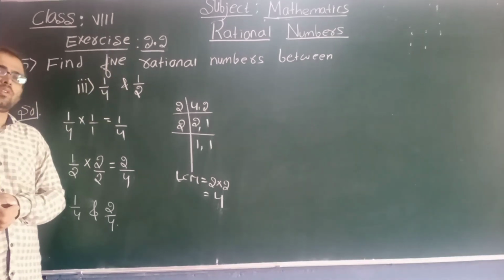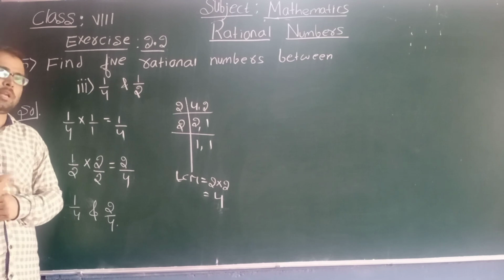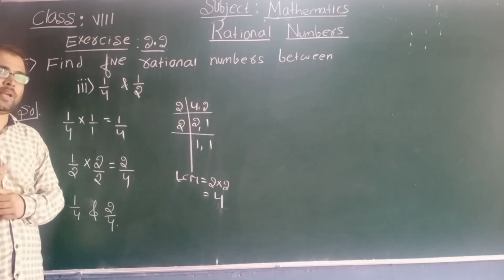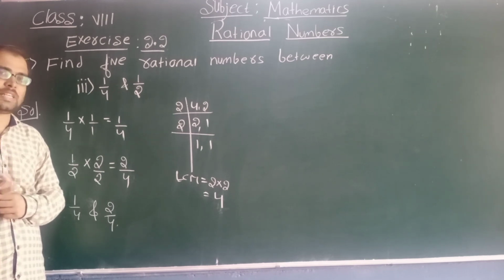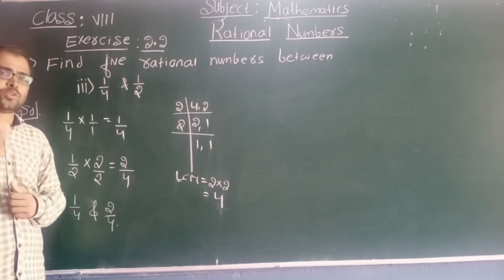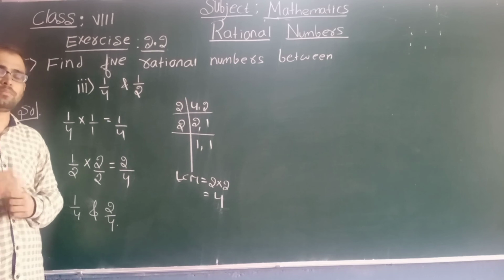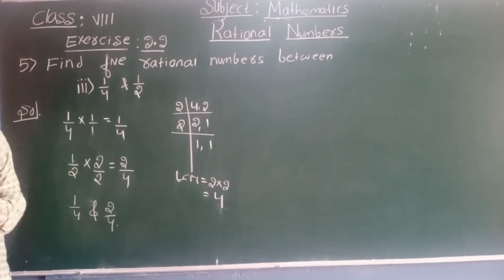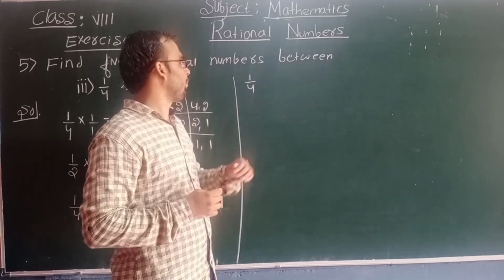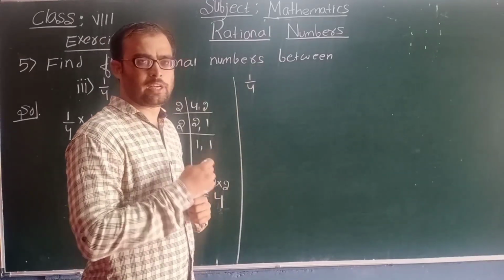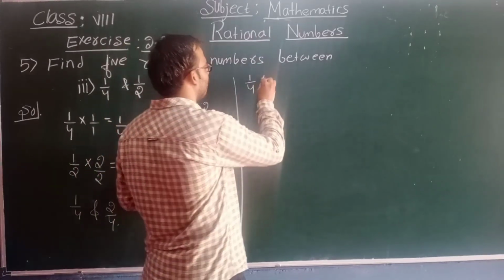So here what is the next step we need to do? We need to multiply any other number. You can multiply any other number like 2, 4, 6, 8, 10, 20, so that you can get more and more rational numbers in between these two rational numbers. Students, now I will multiply 8 by 8.